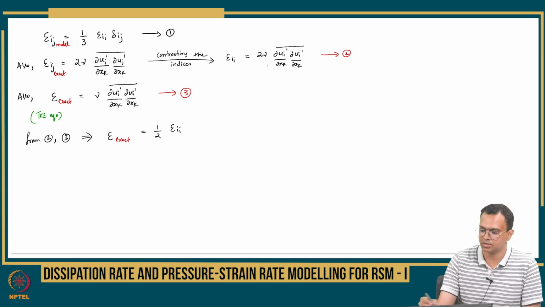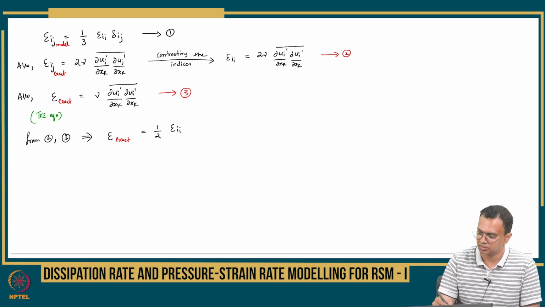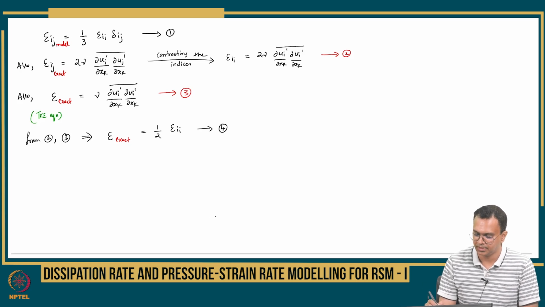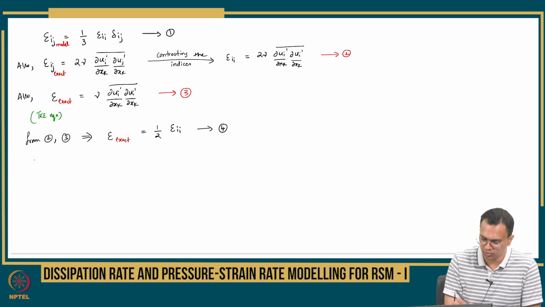This is ν of this, this is 2ν of this. So this is half of epsilon_ii here, right? Okay. So now I can substitute this equation 4 in 1.